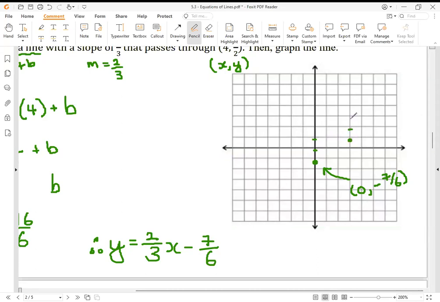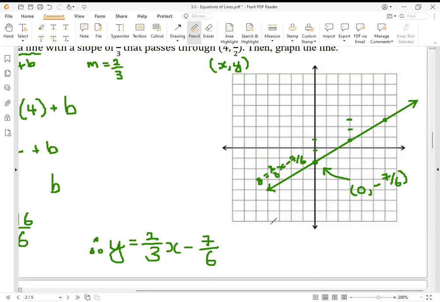Notice how every time I go up, I'm going just under the little grid lines. And since this is a straight line, I don't need too many points to make my extrapolated line. Okay, and that would be y equals 2 over 3x minus 7 over 6.